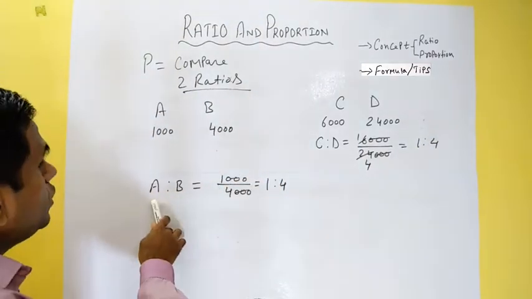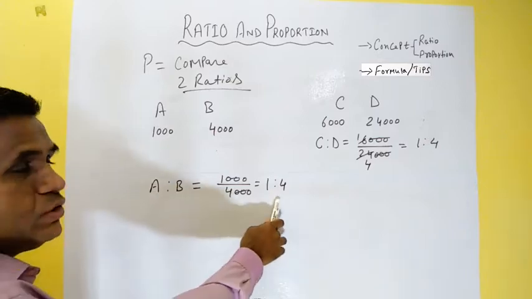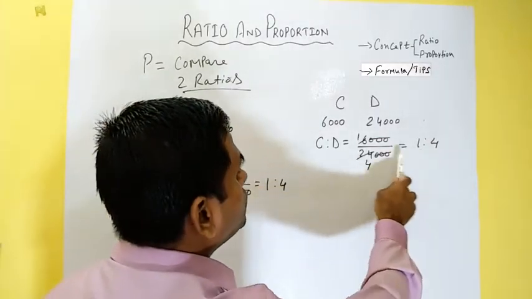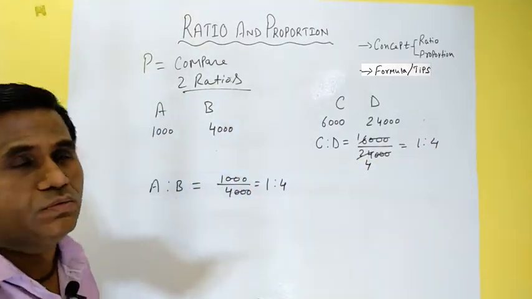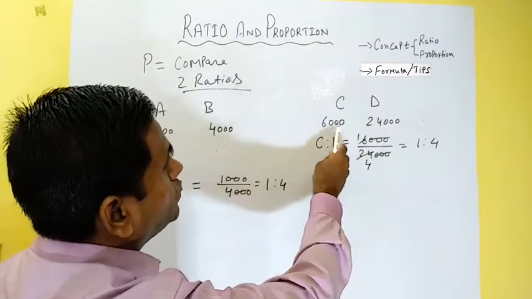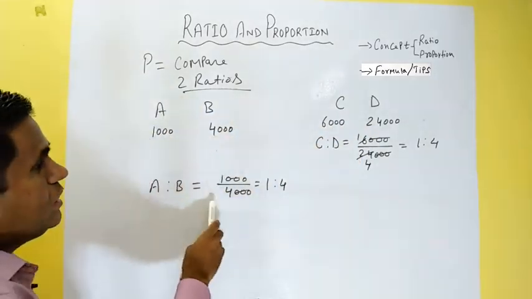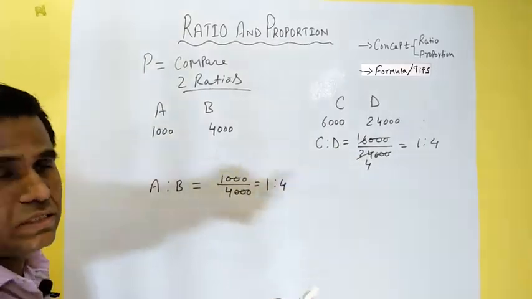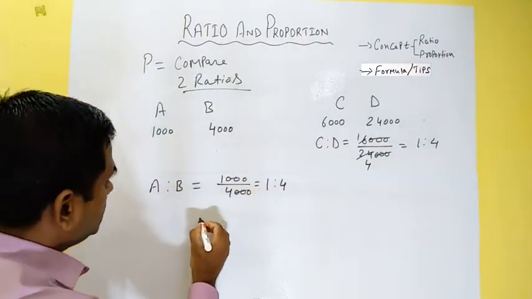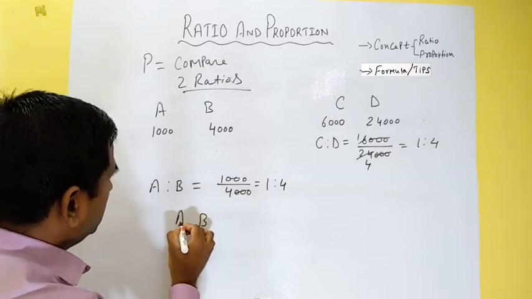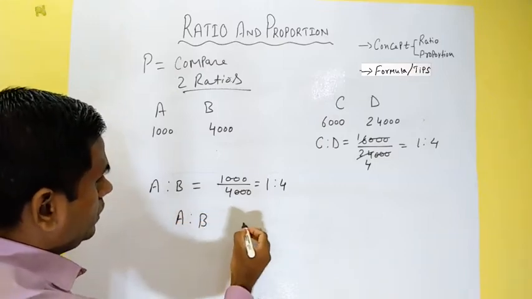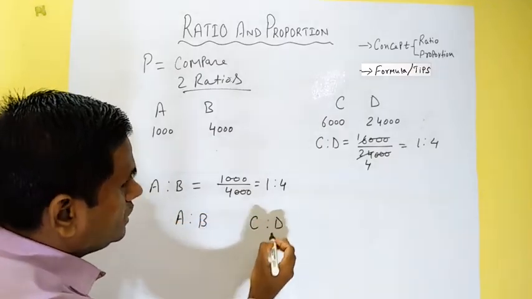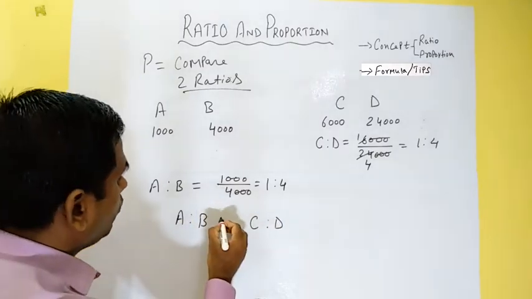So A is to B ratio is 1:4 and C is to D ratio is also 1:4. Though you can see the actual numbers are different, the ratio for A is to B and C is to D is the same, right? So we can say A is to B and C is to D is proportional.